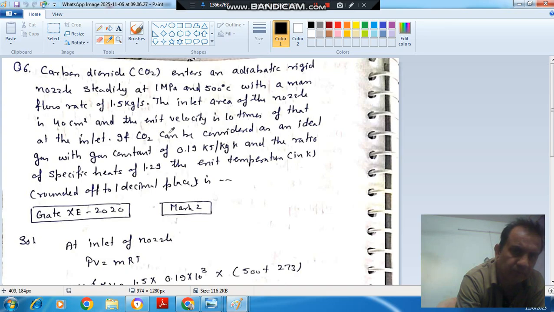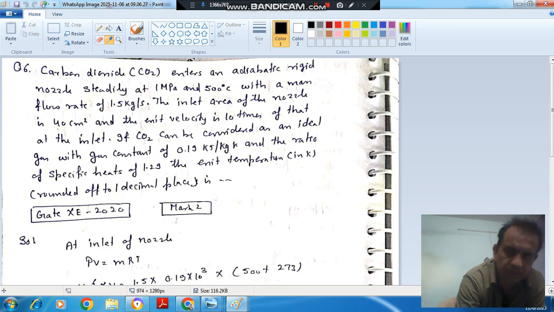The inlet area of the nozzle is 40 centimeter square and exit velocity is 10 times that at the inlet. If CO2 can be considered as an ideal gas with gas constant of 0.19 kilojoule per kilogram per Kelvin and ratio of specific heats of 1.29, find the exit temperature in Kelvin rounded to 1 decimal place.